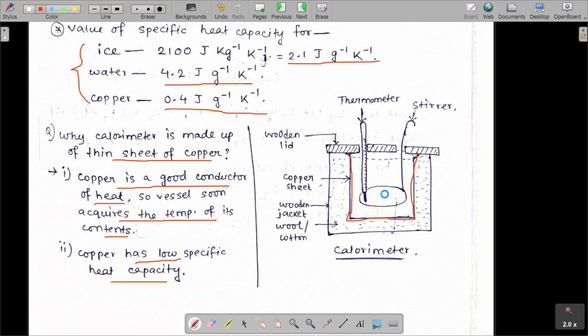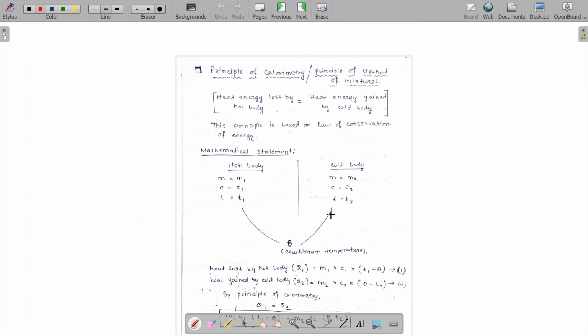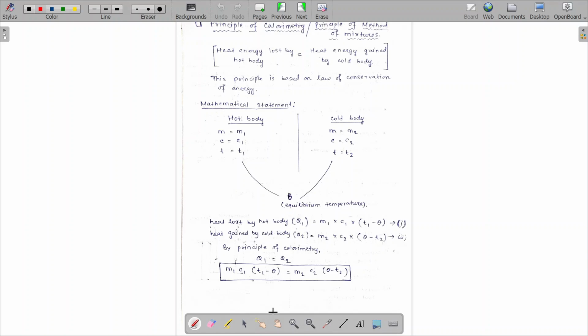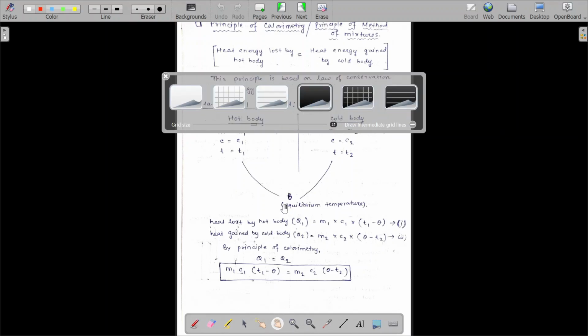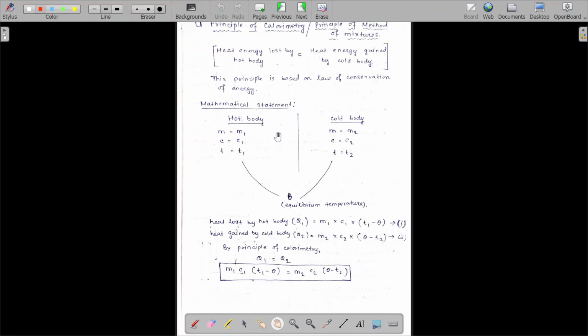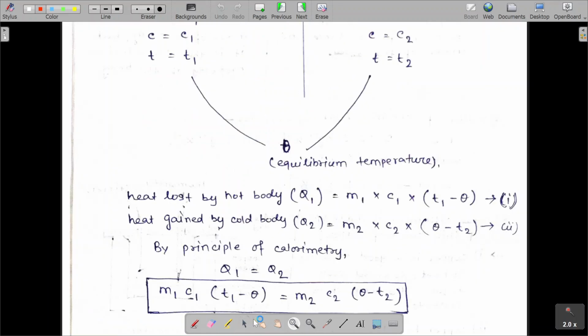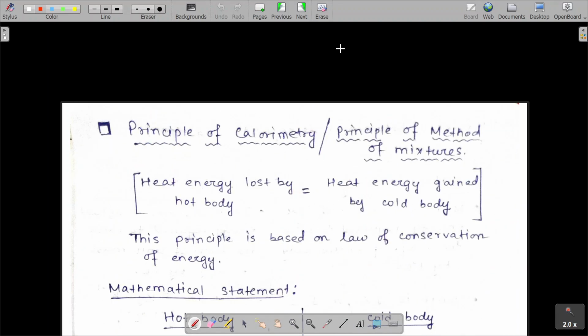Let's move on to the next slide. And here ultimately comes the principle of calorimetry. Okay, wait, let me zoom it. Yeah. This is the principle of calorimetry, or principle of method of mixtures.